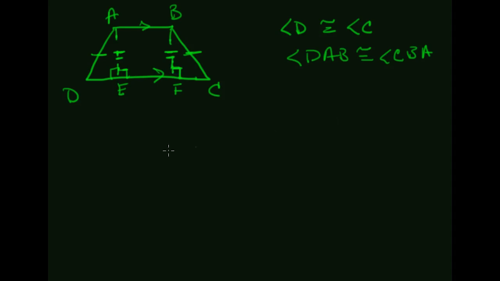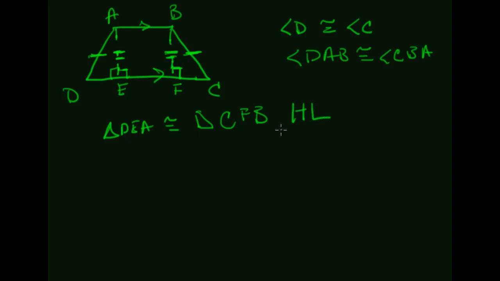And at this point, I now have triangle DEA congruent to triangle CFB, because we have the hypotenuse and the hypotenuse, and the leg of a right triangle, that's by HL.